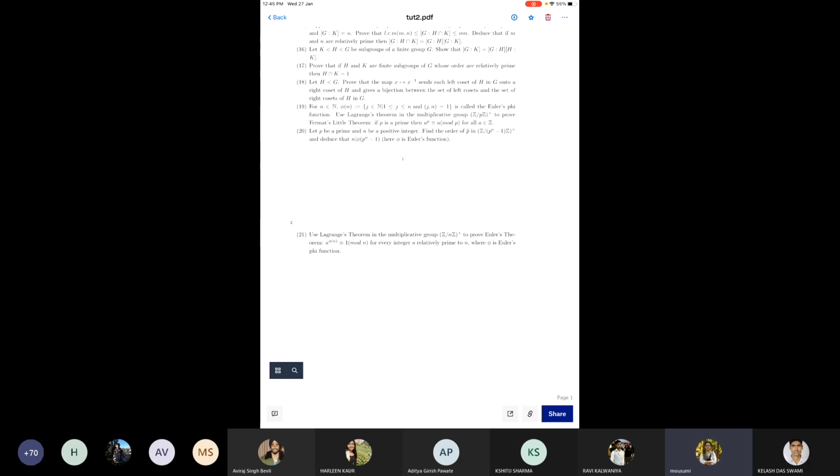Find the order of P bar in (Z/(P^n - 1)Z)^× and deduce that n divides this. So which part? Both the parts or any one of them? Both. Okay.